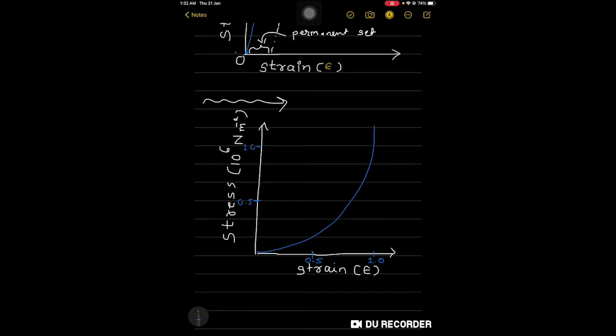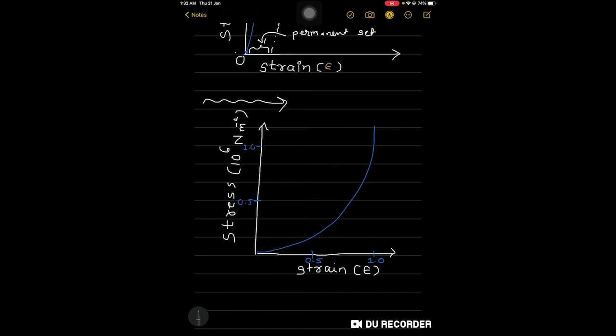We have to note that although the elastic region is very large, the material does not obey Hooke's law over most of the region. Now secondly, there is no well-defined plastic region in this graph also.